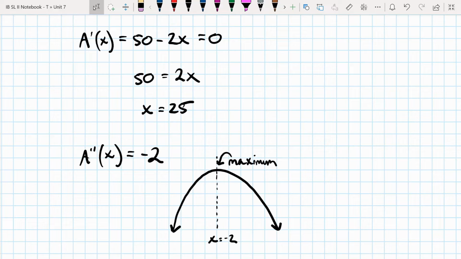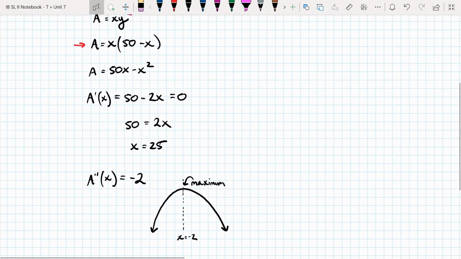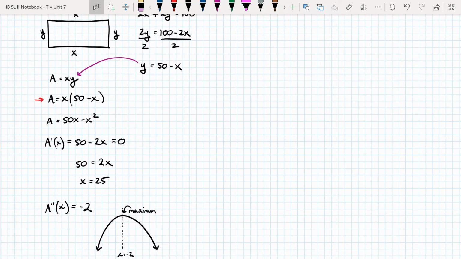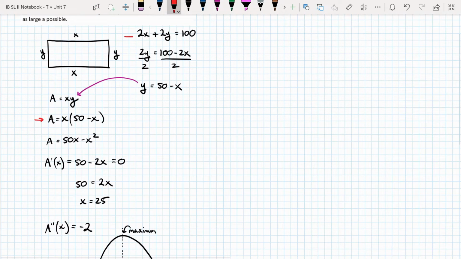Now to actually solve for the dimensions, we need to take the x value and then solve for y. So we need the y value as well. To do that, we're just going to go back to the perimeter equation from the top. So we know that 2 times 25, our x value, plus 2y is equal to 100.